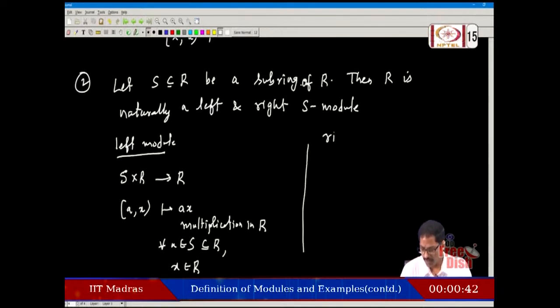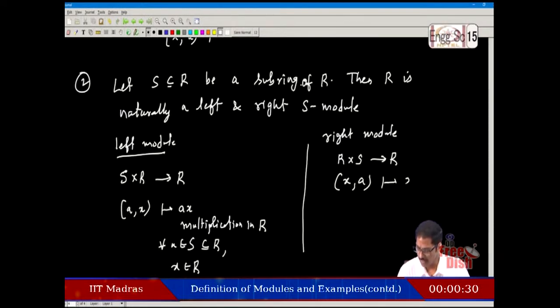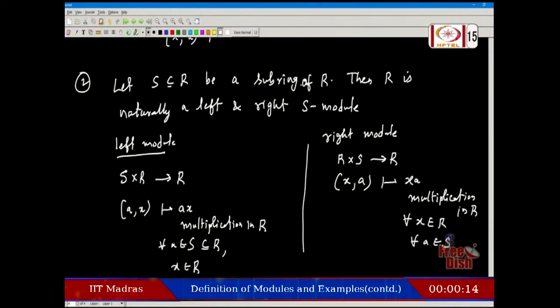Similarly, the right module structure is given by R cross S to R, where (x, a) goes to xa. Again it is a multiplication in R, for any x belonging to R.